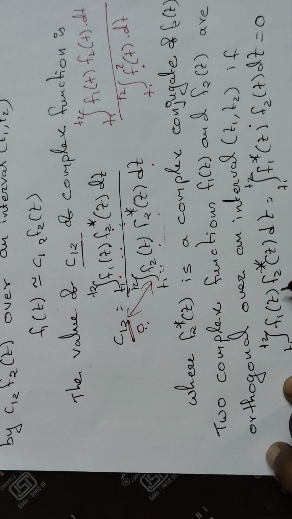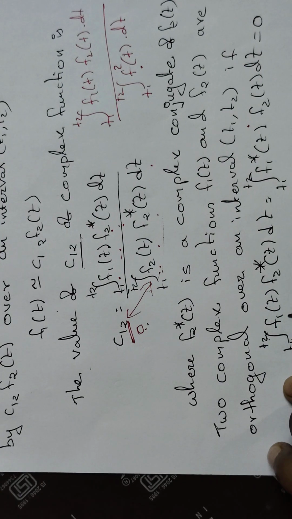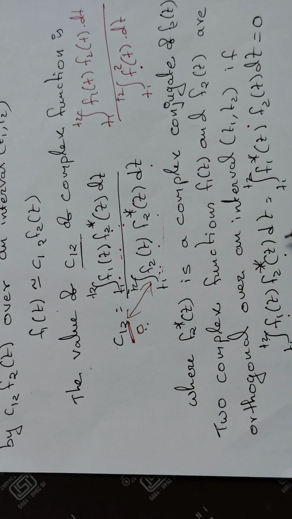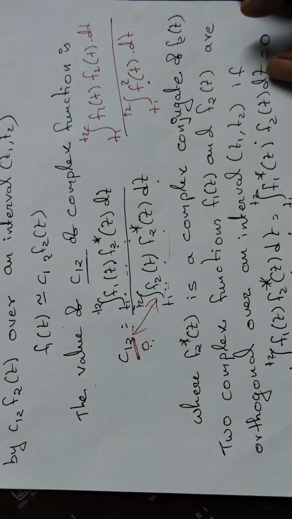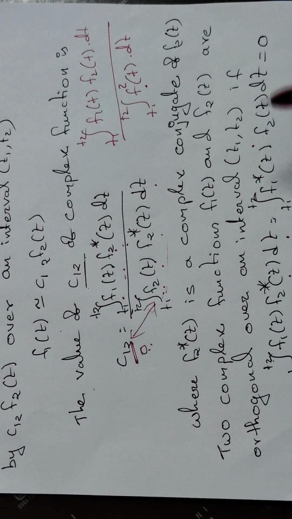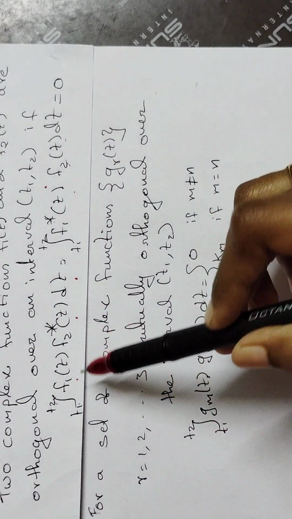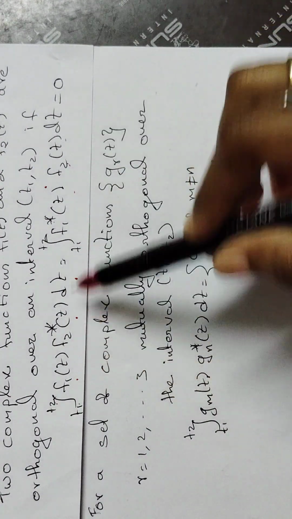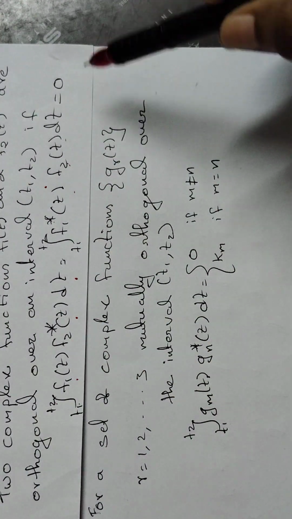Then what is the equation? Integral t1 to t2 f1 of t f2 conjugate of t dt is equal to 0. Or you can write the equation with f1 conjugate into f2 of t dt equal to 0. Now, these two complex signals are orthogonal to each other.